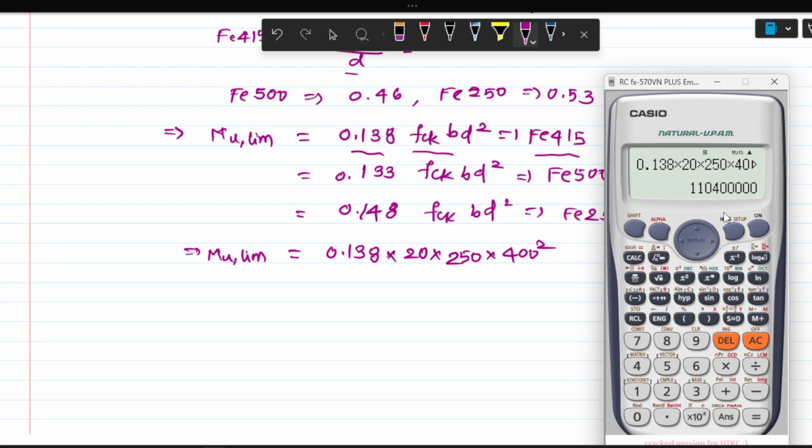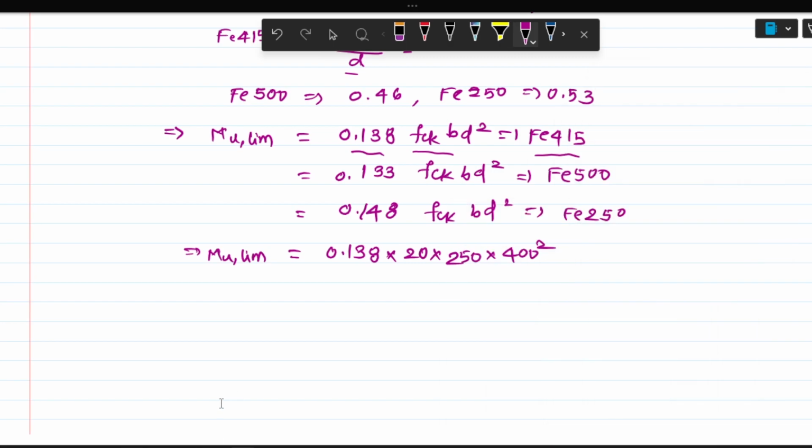The answer is in Newton mm. I am just converting into kilonewton meter. That is nothing but you have to take 6 digits after that. The point will come 3, 6. That means 110.4. It is nothing but 110.4 kilonewton meter.